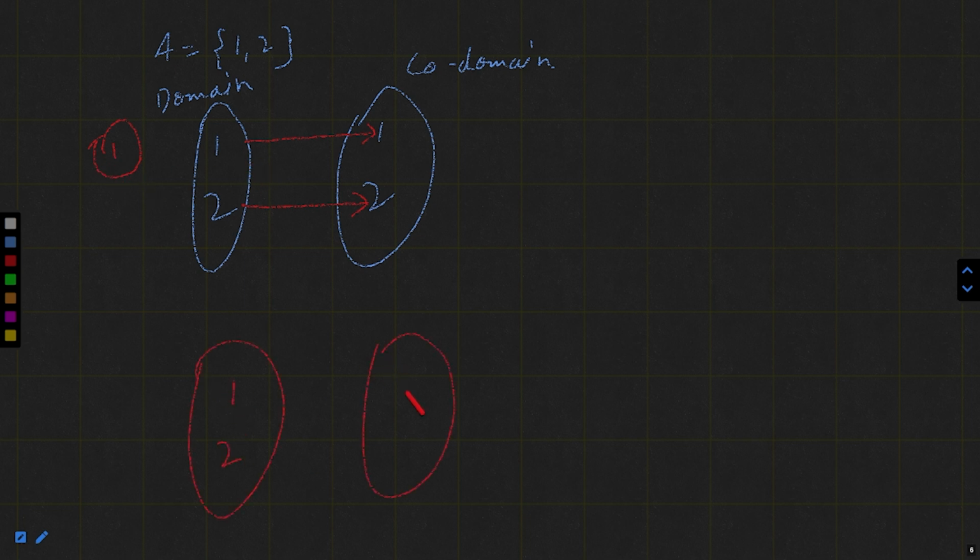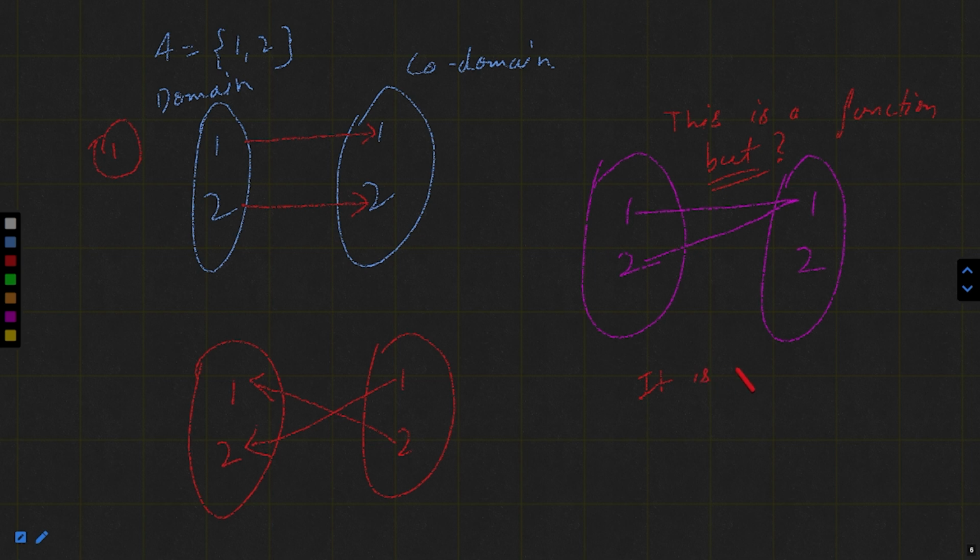It can also happen that 2 is associated with 1 and 1 is associated with 2. Can you think of any other way? Yes, say this is associated with 1 and this is also associated with 1. Indeed, this is a function, but it is not onto. But we need onto functions.